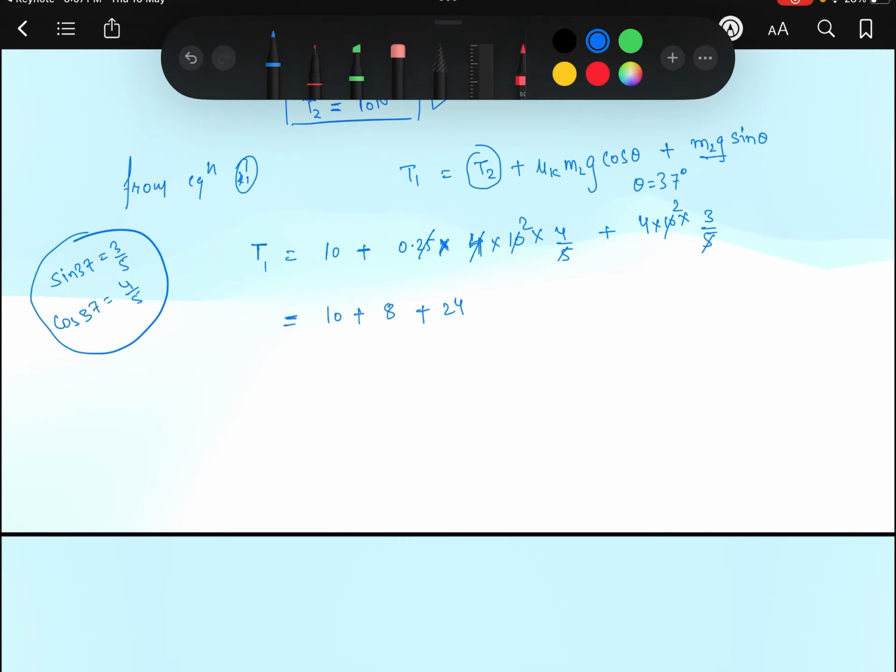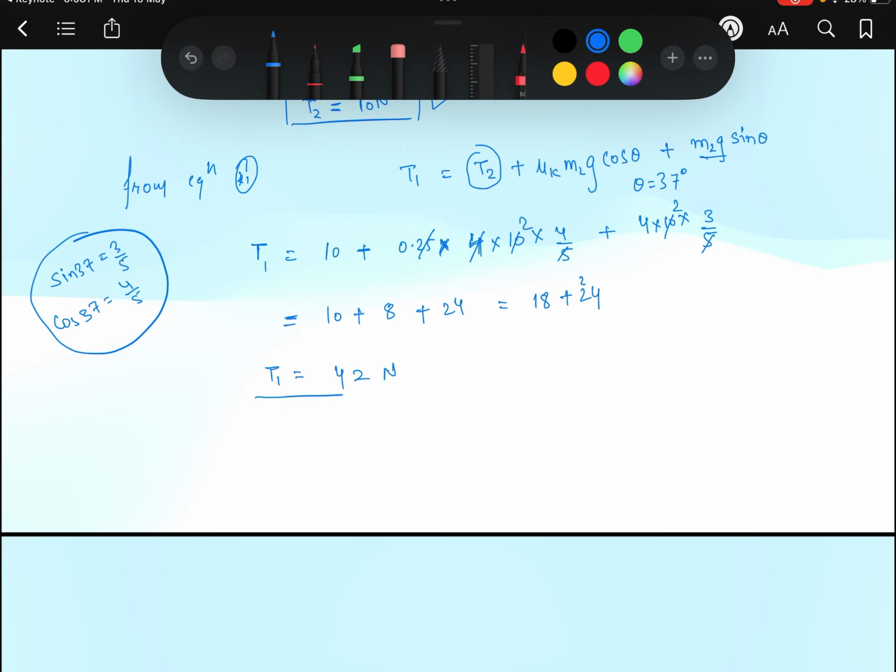So T1 is 10 plus 8, 18, 18 plus 24, that is 42 Newton.